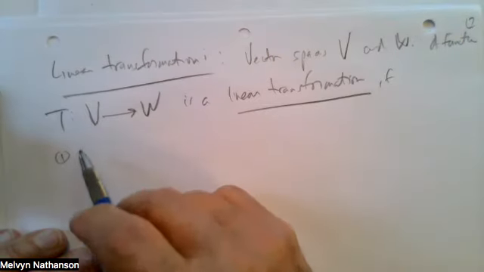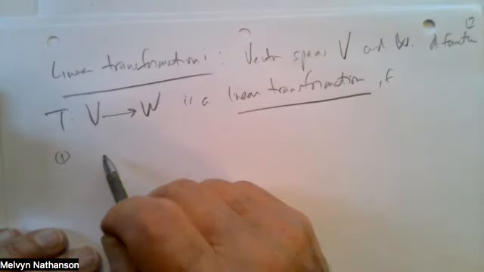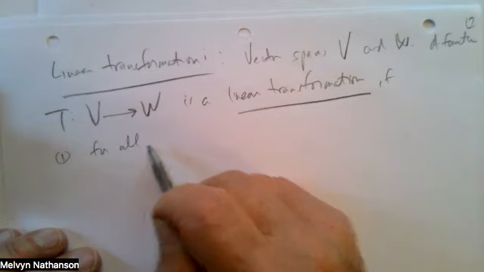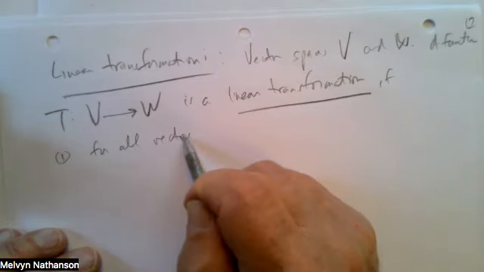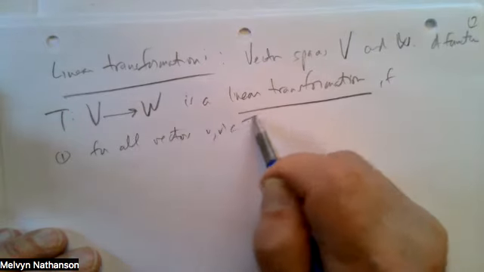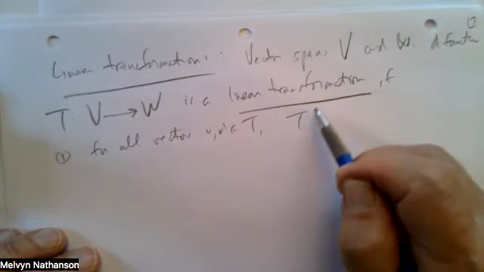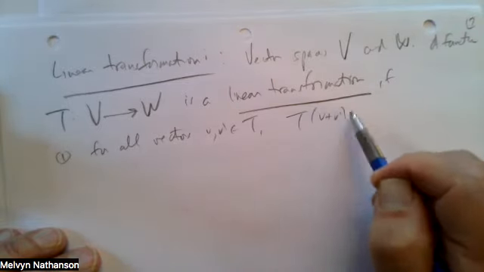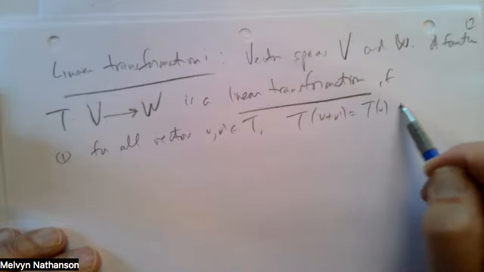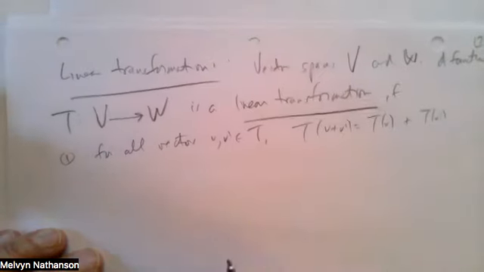First, for all vectors V and V prime in V, T of the sum of the two vectors is T of V plus T of V prime.